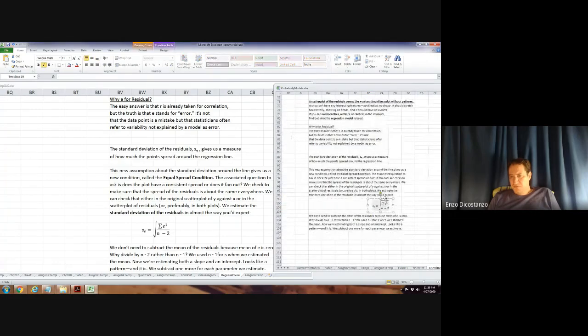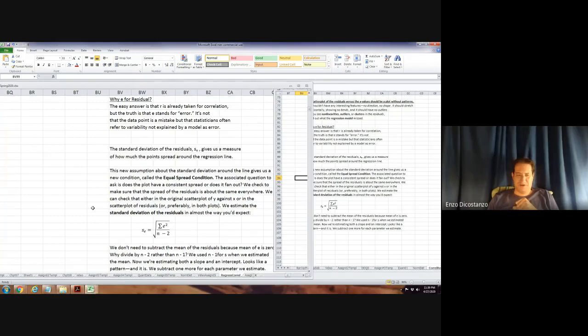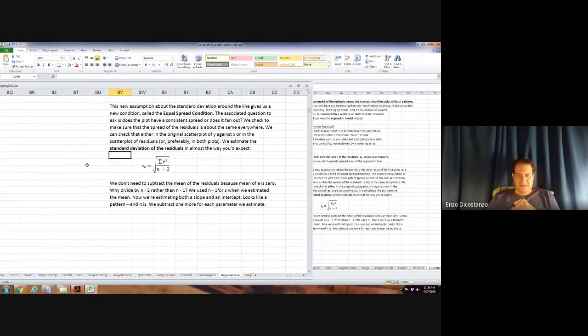It's good to have your master file nearby as you're going through it, always adding to it, like Picasso or Da Vinci. Now you divide by n minus 2 instead of n minus 1 because you lose more degrees of freedom.